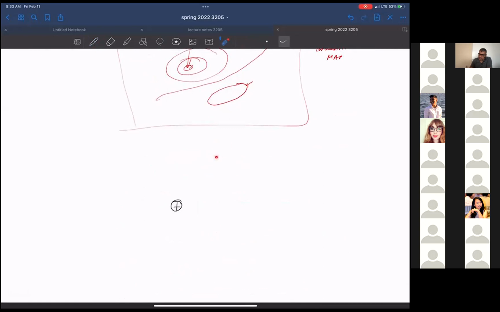It would get repelled in that direction. If I put a positive test charge here, it would get repelled in that direction. If I put a positive charge here, it would get repelled by some stronger force in that direction, and so on. So basically, the electric fields are radially coming out of this charge.